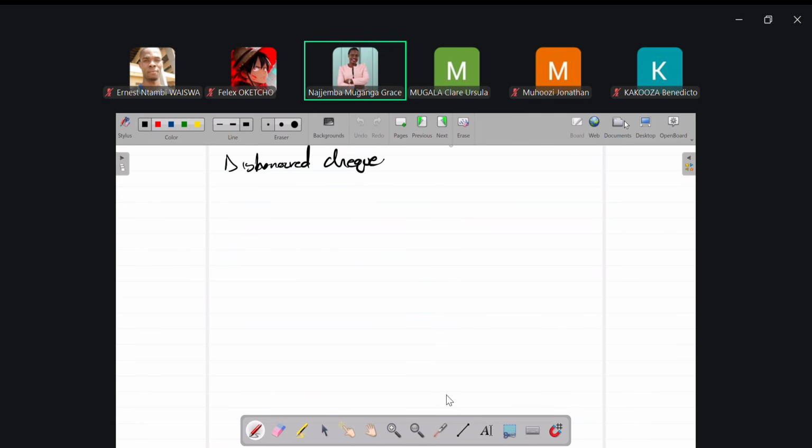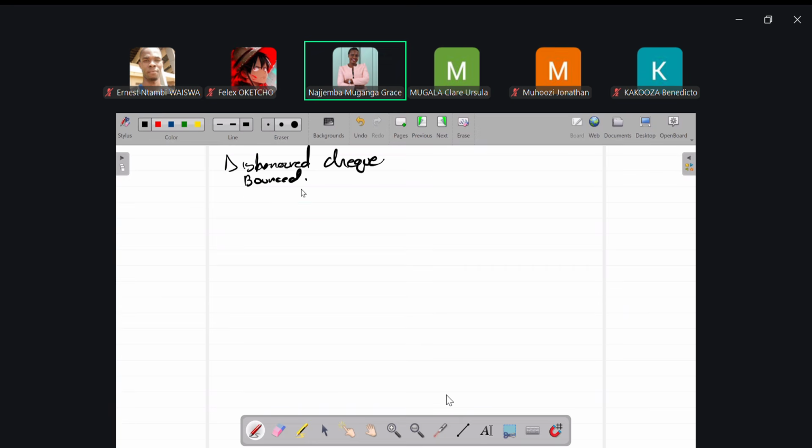So dishonored or bounced checks, checks that have bounced, have not been paid or they have not respected the instruction. You know, when you write a check, you're instructing the bank to act in a certain way. You could write a check and say, pay so and so 2 million. Or you bring in the check asking for payment.